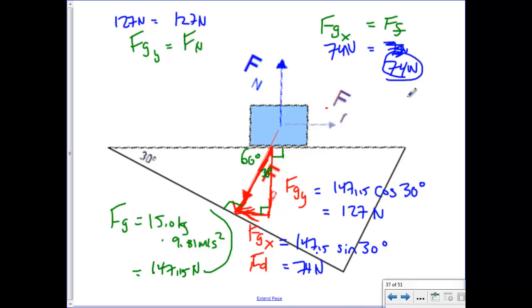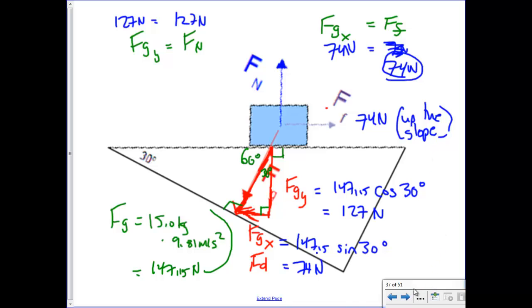You don't need direction, but I guess you could say up the slope, if you wanted to give a direction. There must be 74 newtons up the slope. Yeah, something like that would make sense.